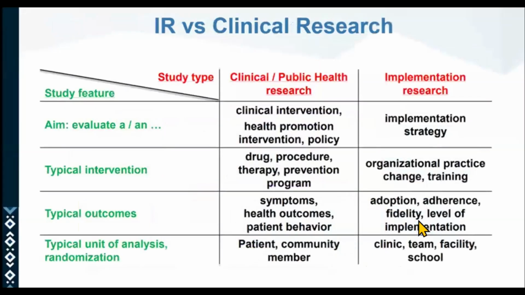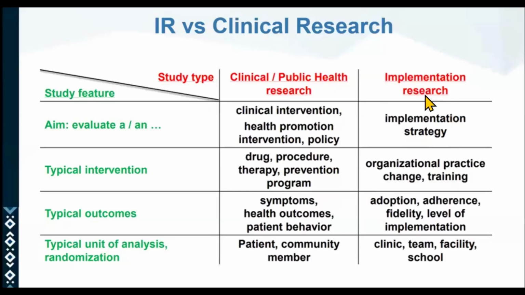So we also want to be able to differentiate between implementation research and clinical research, beginning with the aim. The reason why we conduct public health or clinical research is because we want to implement a clinical intervention, we want to promote health, we want to come up with a policy. And in conducting implementation research, you want to be able to know how to effectively use your implementation strategy.